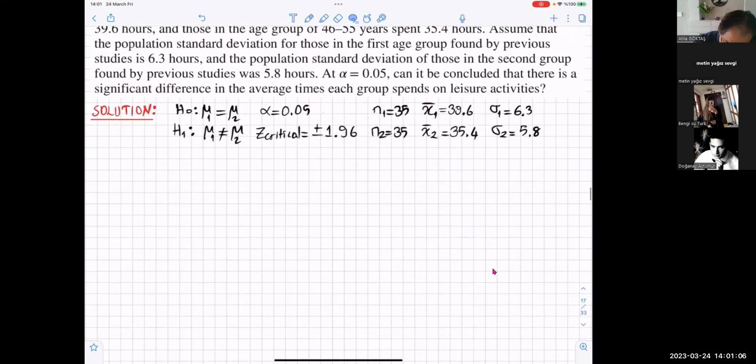Copy, paste it right here. There you go.